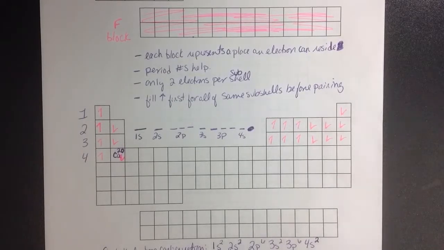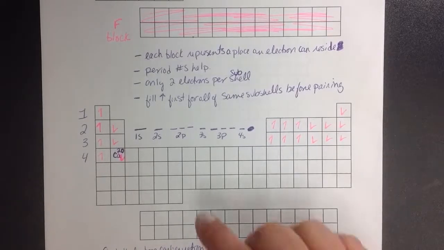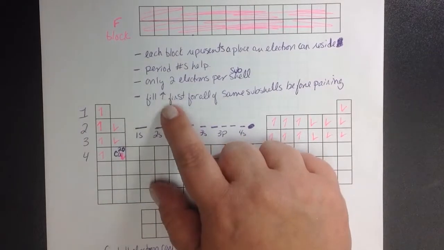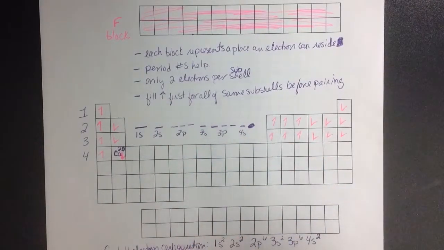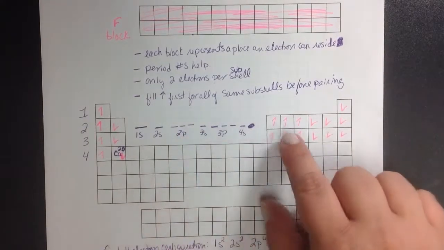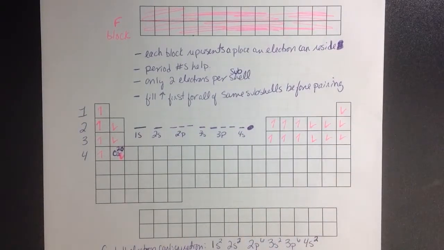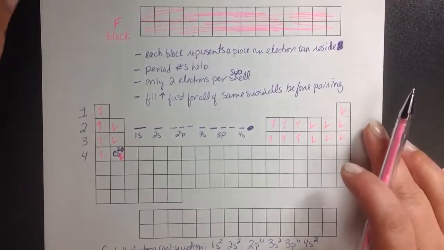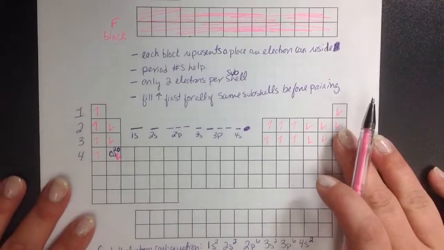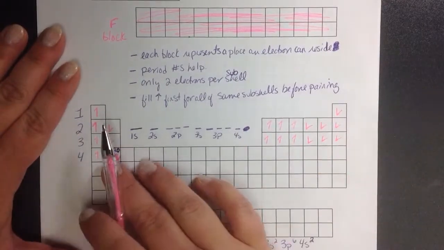So s can hold 2, p can hold 6, d can hold 10, and no more. And when we fill things, we fill it so that it's all spin up, or the little arrows are up, for the same subshell before pairing. What I mean is, with the p orbitals that have 6 things in them, we go all one direction and then all the other direction. It could be spin down first, it doesn't matter.